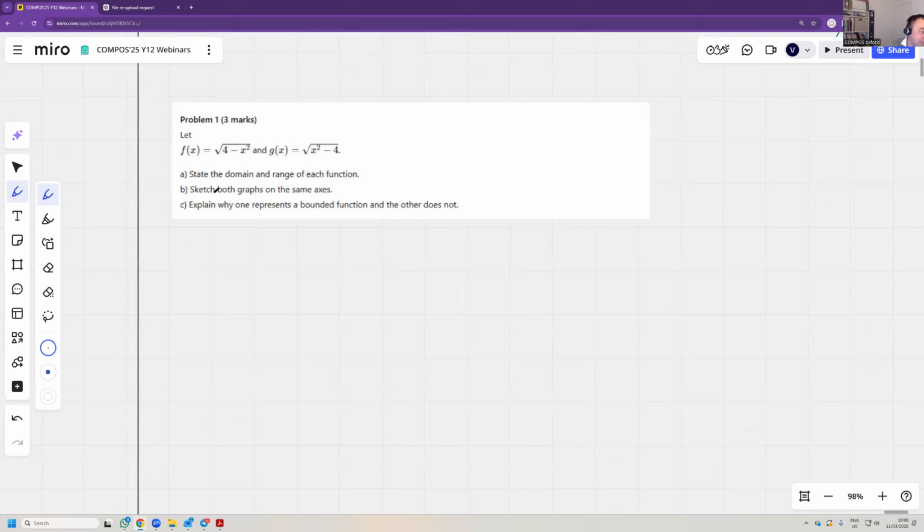So problem one, state the domain and range of each function. Okay, so f of x equals square root of 4 minus x squared. Now, the domain is the possible values of x.